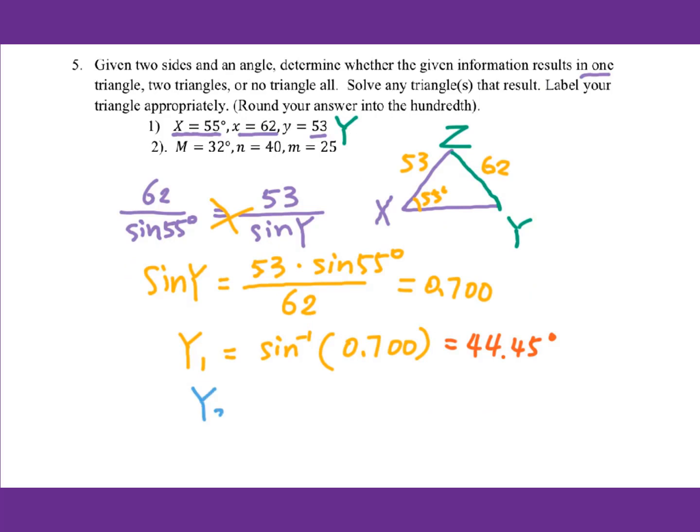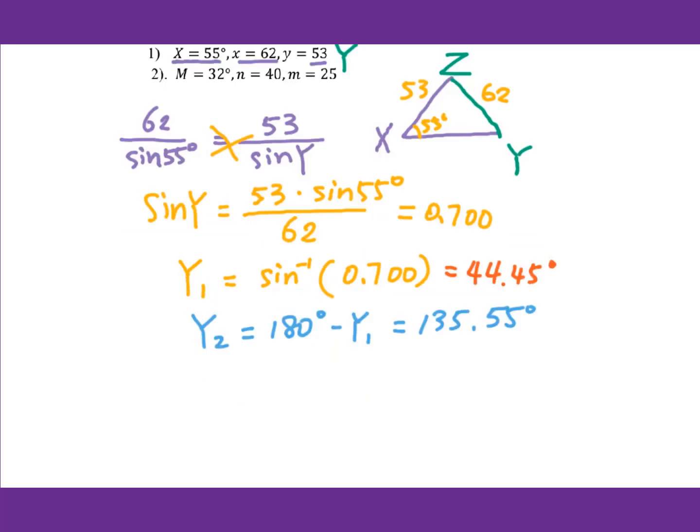Therefore, y2 equals 180 degrees minus y1 equals 135.55 degrees. Then you need to check y2. Using y2, add the given angle.